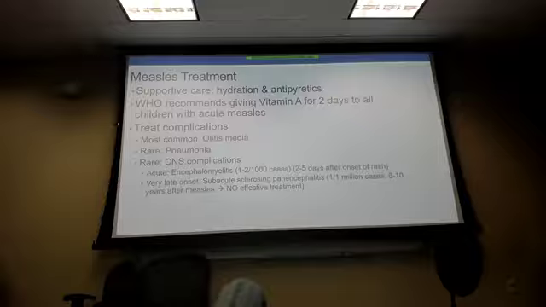A couple of those really rare complications are going to be CNS complications. These classic exanthems typically have a severe and a late CNS complication. I'm not going to waste a test question asking you about subacute sclerosing panencephalitis.